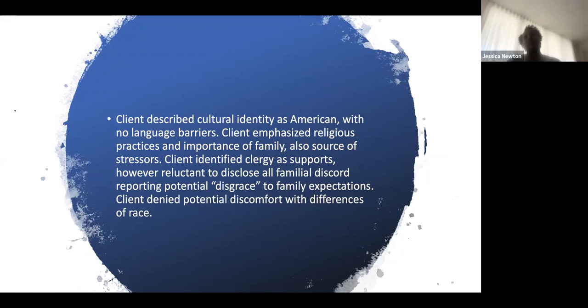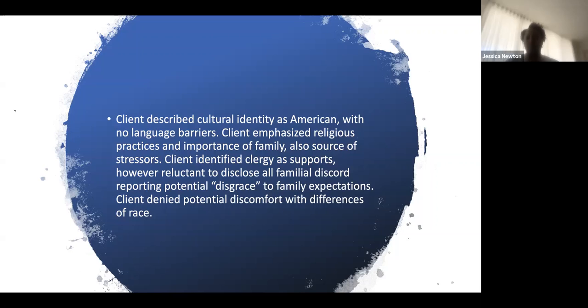And while that sentence seems really loaded, essentially this client is saying that my religious background and the clergymen at my place of worship are support for me, but telling them everything that's going on with my family, I may be hesitant, because, understandably so, for somebody who understands the dynamics of religion, we may be reluctant to tell everything, just because we look at these individuals with high regard and we respect them. So at times we may be hesitant to disclose everything.